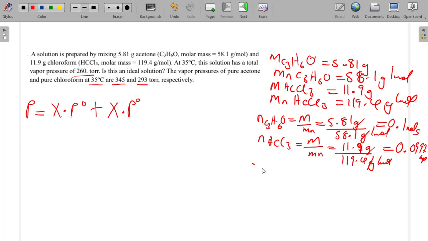So let's start with the mole fraction for acetone, C3H6O.